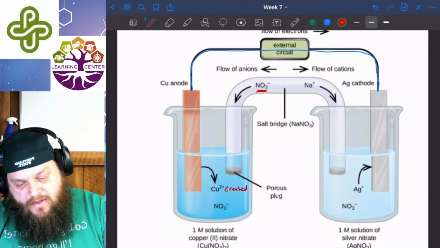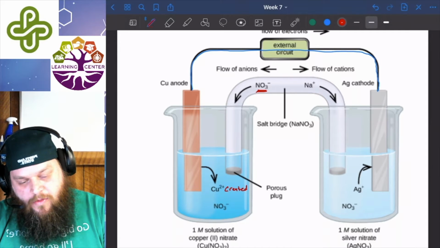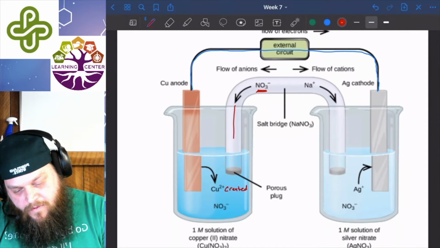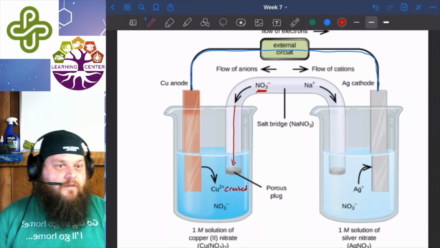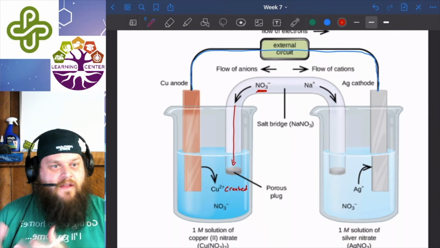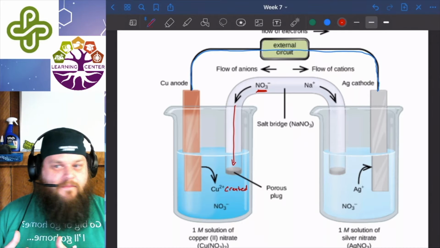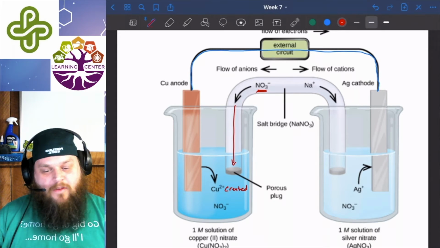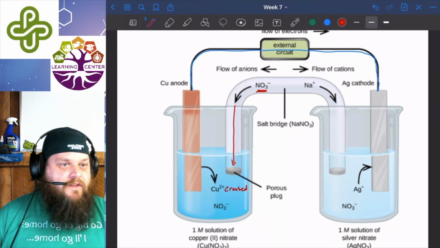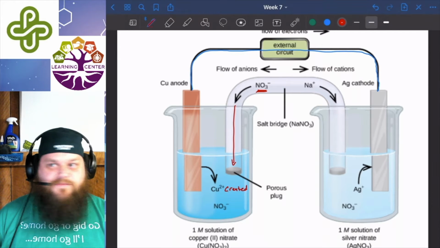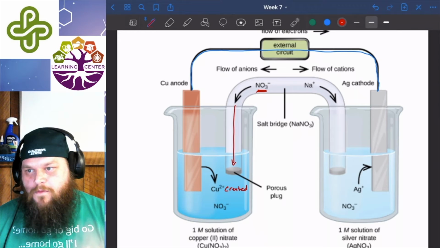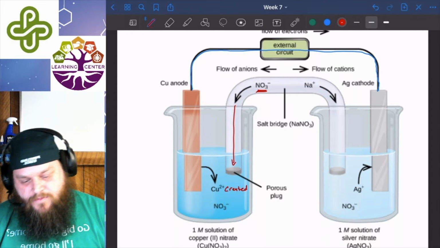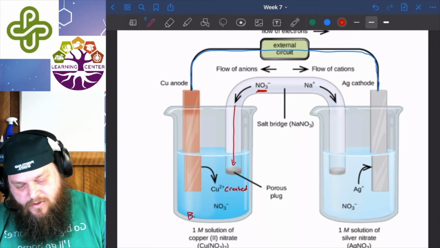And this nitrate, NO3, is going to flow out of the salt bridge into the solution to balance that chemical charge. The charge on that left side wants to stay the same. So that salt bridge releases the negatively charged anions to flow through there to keep us a balanced charge over here.